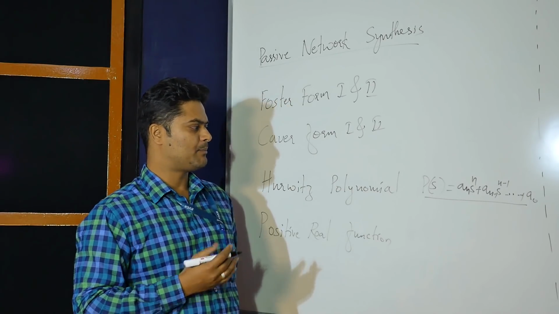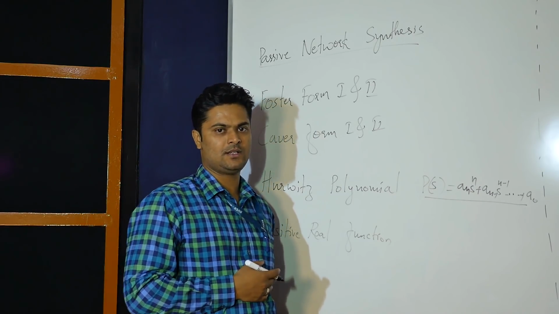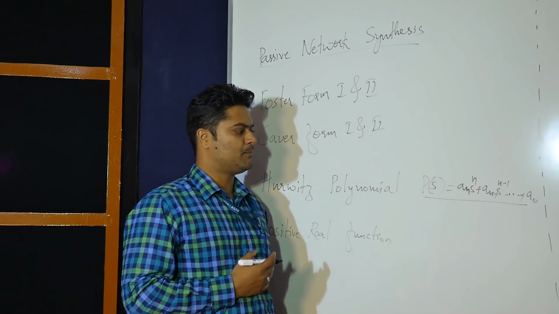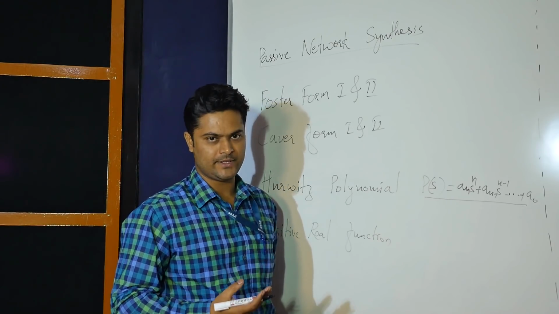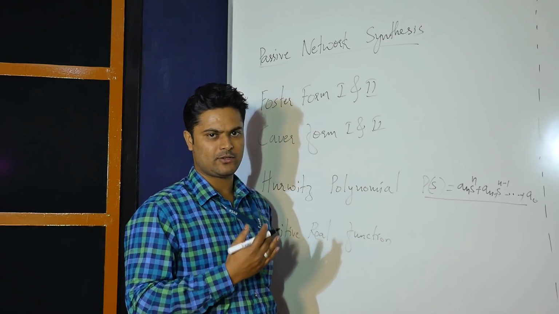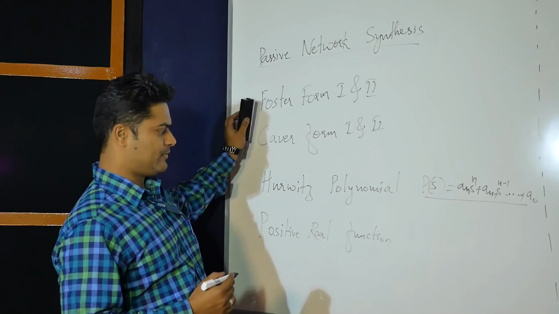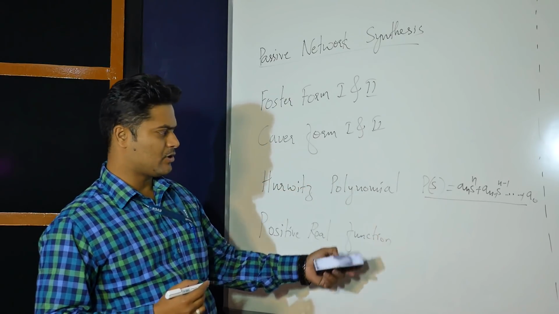For that, a polynomial has to satisfy a set of properties. That means for a polynomial to be Hurwitz, all the roots of the polynomial have to be on the left side of the s-plane.